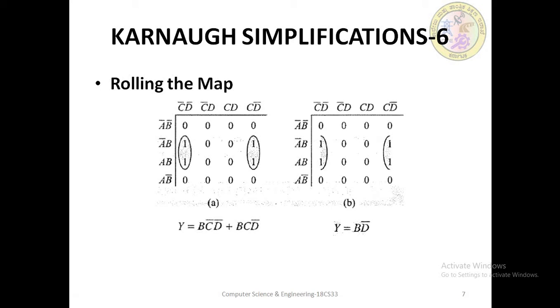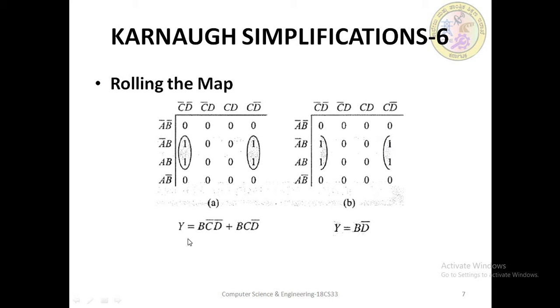And rolling the map, yes, if you roll it down, this will come on top of this, and it can be grouped like this. Let's try to simplify it. Even if you do it this way, you will get two terms, right? What are they? B C bar D bar and B C D bar. Let's see how it can be simplified.